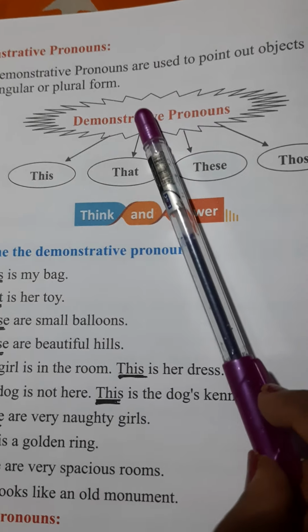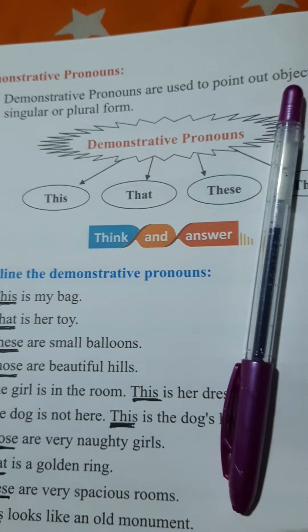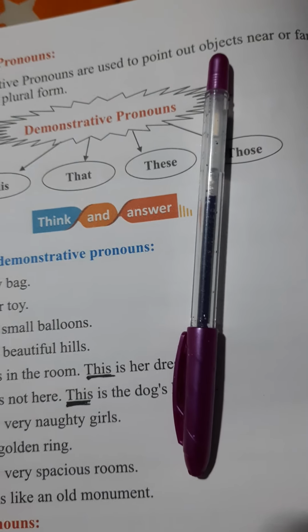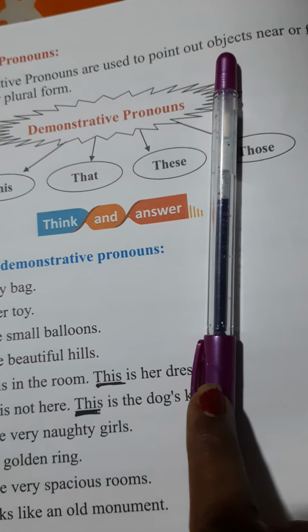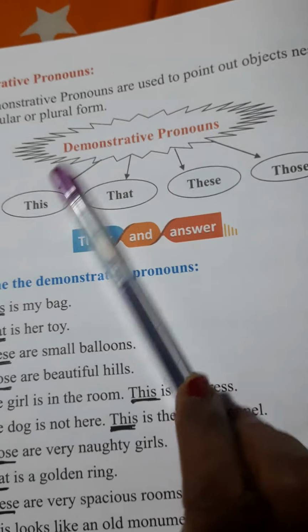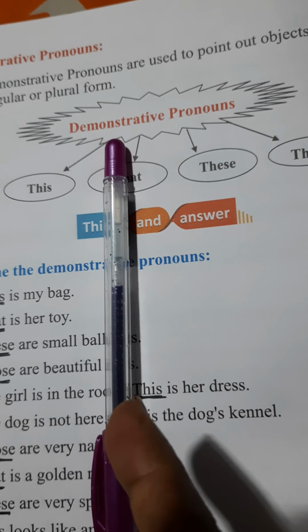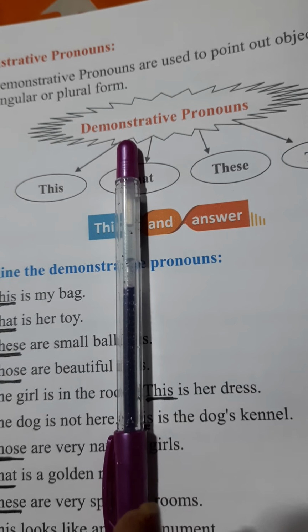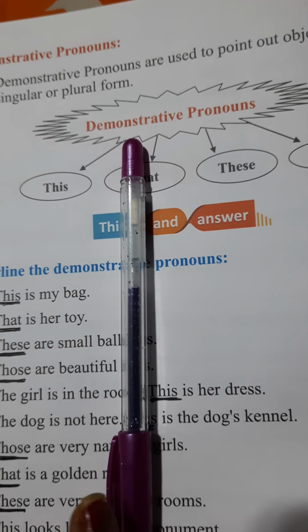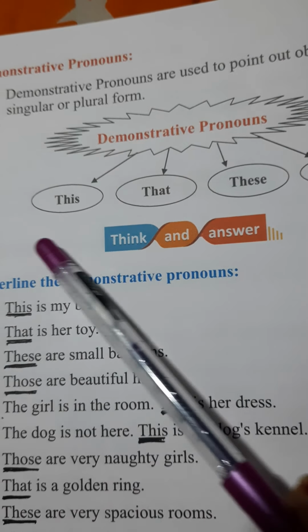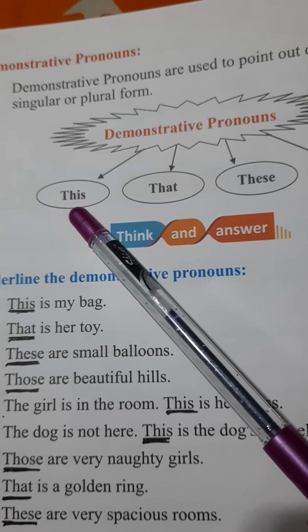When I am talking about one pen lying closer to me, I will use this. I am pointing out this is my pen. So when I am pointing out to this singular pen, this becomes singular demonstrative.